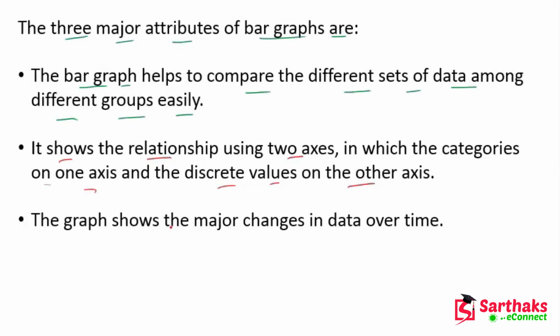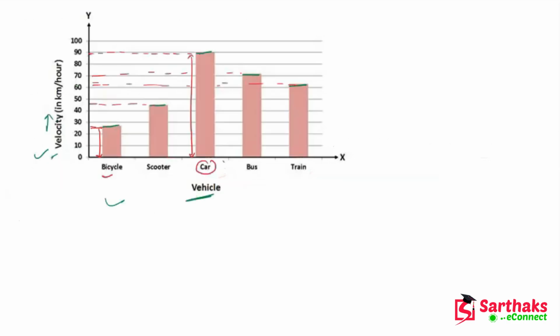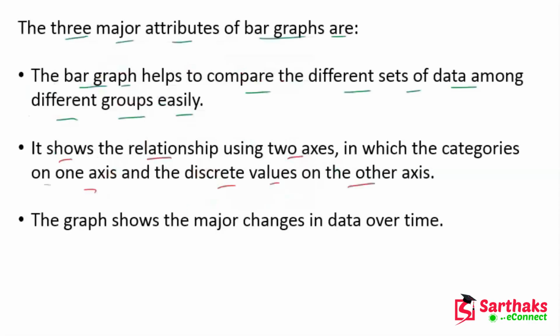Here on the x-axis there are categories, and on the y-axis there are discrete values. And the third one is that the graph shows the major changes in data over time. I hope you understand these things, my dear friends.